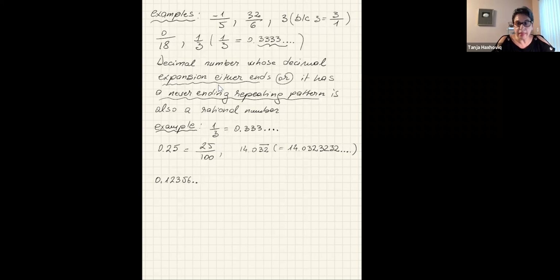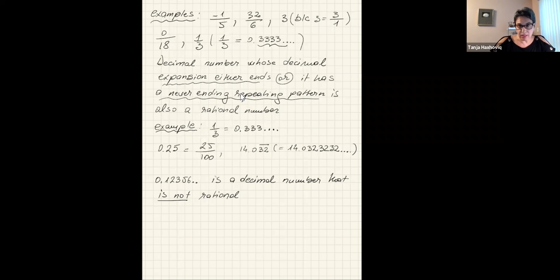It's a decimal number that is not rational, because it has a never-ending decimal expansion, but there is no repeating pattern there.